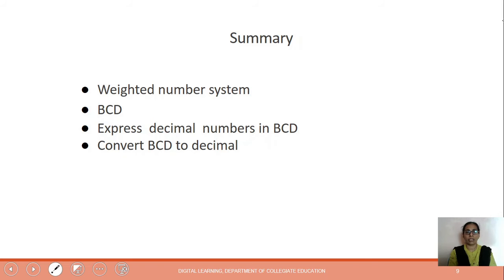And how can we convert a decimal number to BCD? For conversion, get the decimal number, and for each decimal digit write the equivalent in BCD as 4 bits. And for converting BCD to decimal, make a group of 4 bits and write the equivalent in decimal.